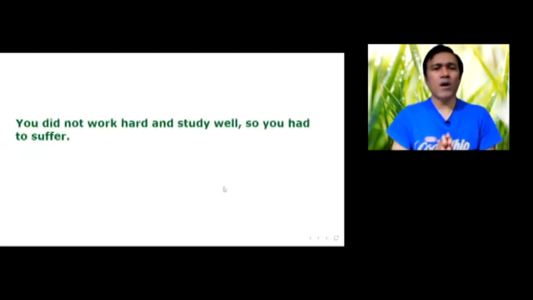You did not work hard and study well, so you had to suffer. তুমি কঠোর পরিশ্রম করোনি এবং ভালো পড়াশোনা করোনি, তাই তোমাকে ভুগতে হয়েছিল.